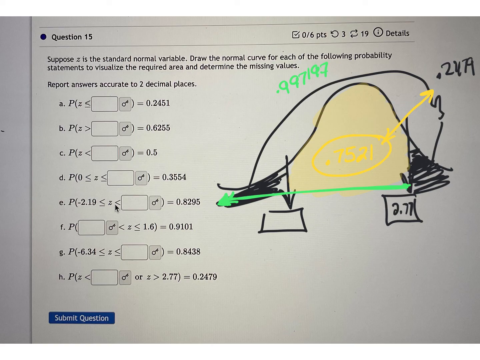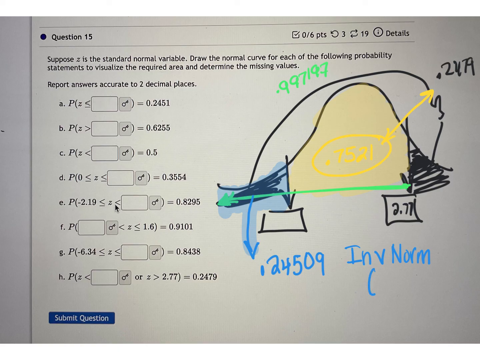That means that this area right here, this blue shaded area that I just shaded in, has to be the difference of those 2. So this shaded area right here is 0.24509.